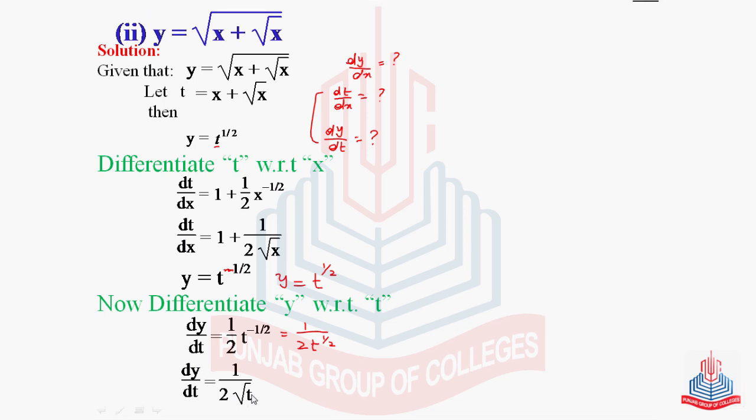Now we already calculated these two derivatives, dy by dt, which is this one, and dt by dx, which is this one. So joining these two derivatives, or by forming chain of derivatives, that is actually by using chain rule. So dy by dx is equal to dy by dt into dt by dx.